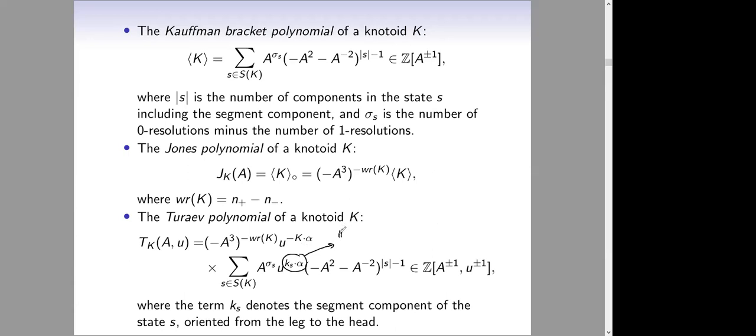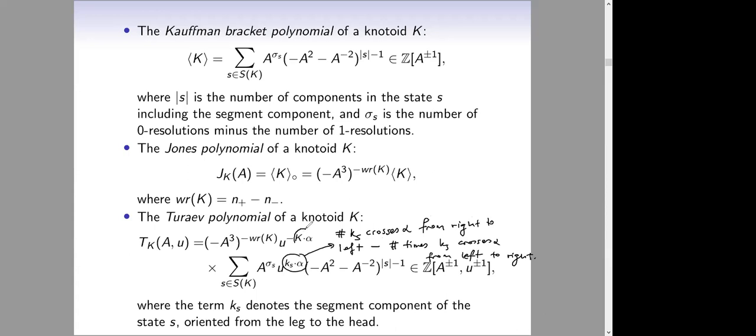This is the number of times that k_s crosses alpha from right to left, minus the number of times k_s crosses alpha from left to right. It's the algebraic intersection number.